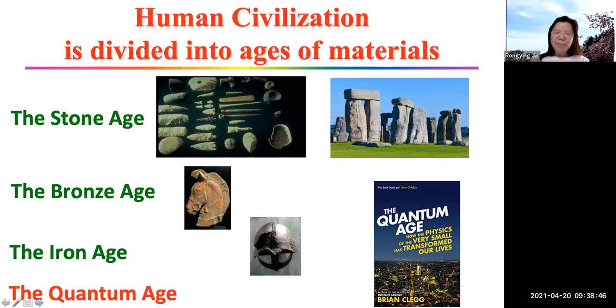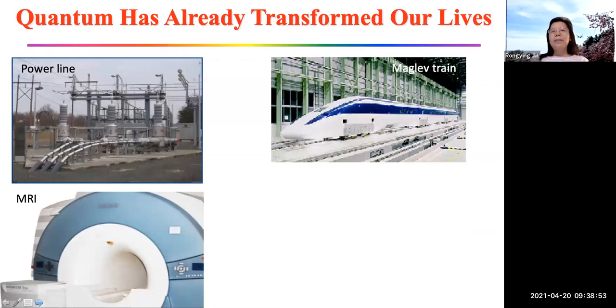Speaking of the quantum age, we have already benefited from quantum effects. In our daily life we already experience power lines and maglev trains, for example, or when people visit a hospital, some of them may need an MRI.